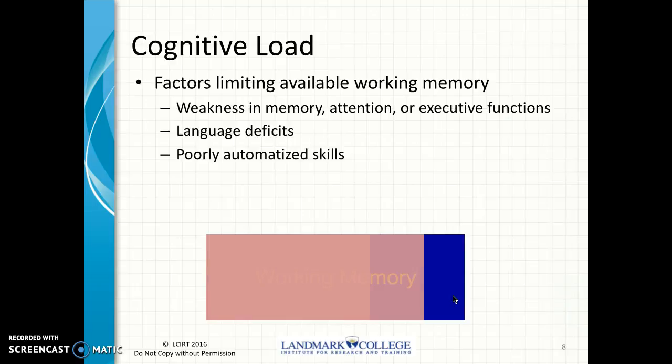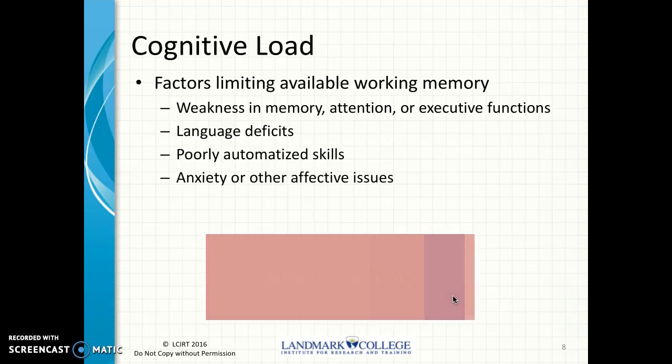Then we have students who have poorly automatized skills, and often that's a secondary effect of poor early education or insufficient early supports leading to poorly learned skills that aren't automatized, and they have a snowball effect where newer skills that rely on those former skills are impacted because the core skills aren't automatized yet. And then we have anxiety and affective issues.